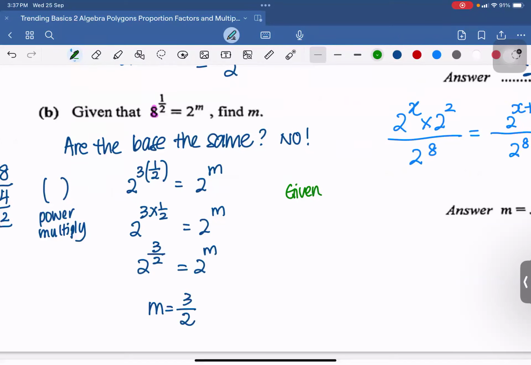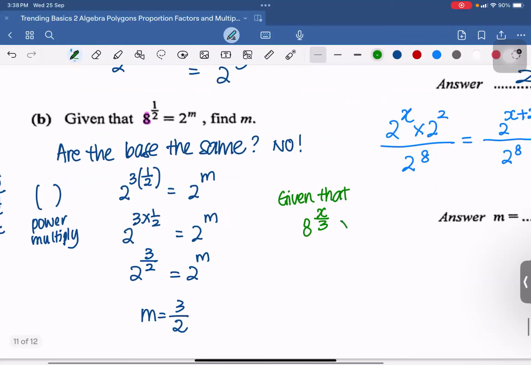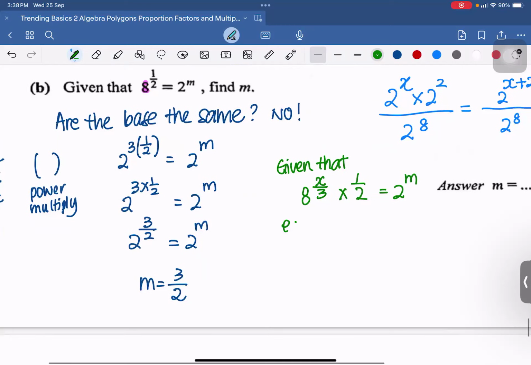I try to involve algebra inside the question. Given that 8 to the power of x over 3, times 2 to the power of negative 1, equals 2 to the power m. Express m in terms of x.